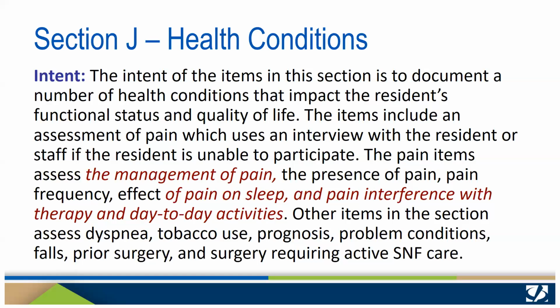The one thing that has changed is the management of pain, and there are different areas that they're now looking at. So in addition to how pain affects their sleep and its interference with their day-to-day activities, they've added pain interference with therapy, which we'll talk about.